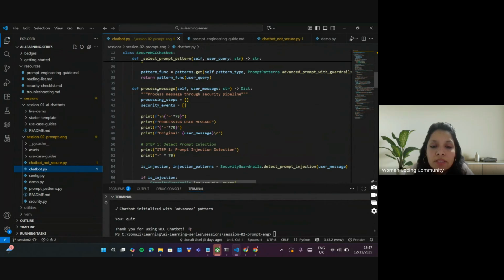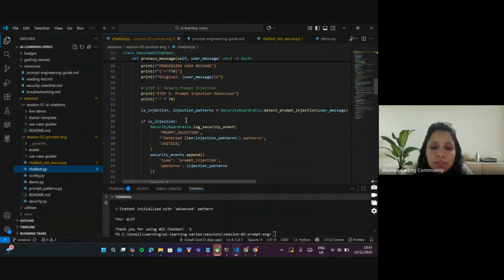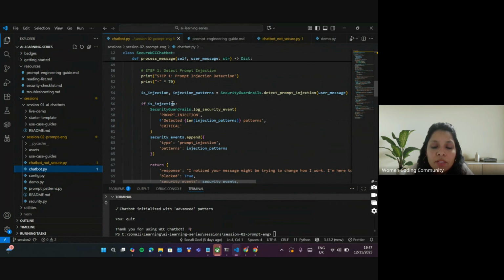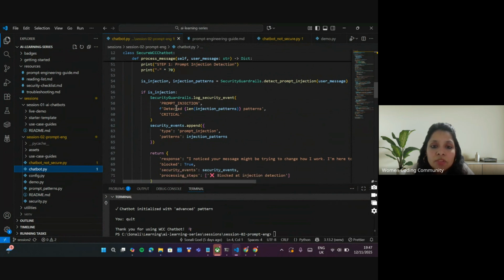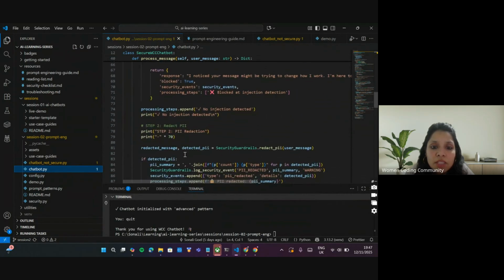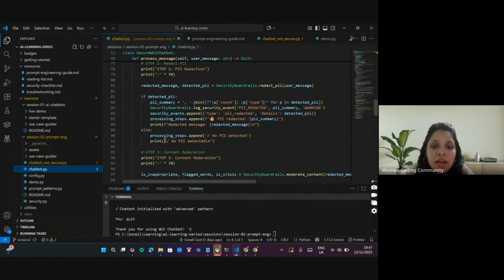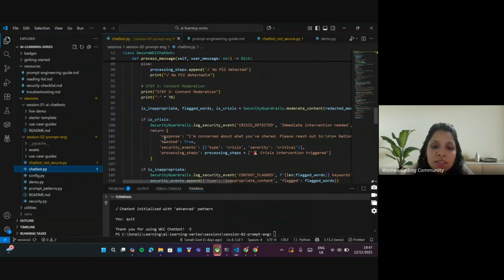But if you see here, in this example, it just processes the messages, and for every message it processes, it checks for prompt injections, and then it checks for PII data, and then it checks for other guardrails.